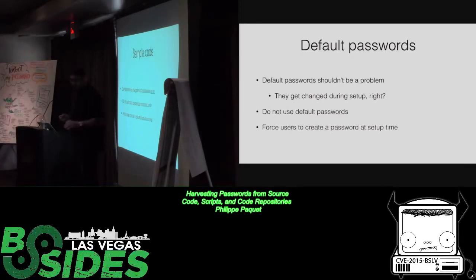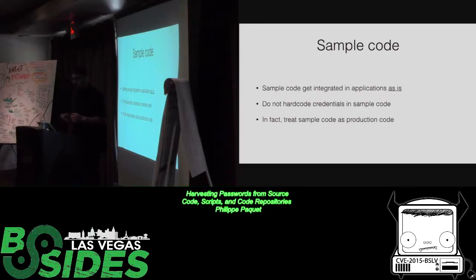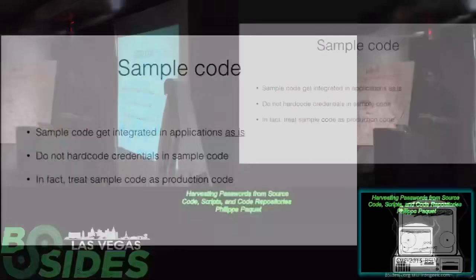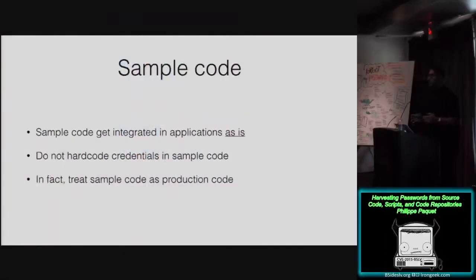The third problem is sample code. If you're working for a large provider that has sample code out there, that's about you. On one side, this is your fault. Sample code gets integrated as is. Developers are going to copy and paste code into their application.